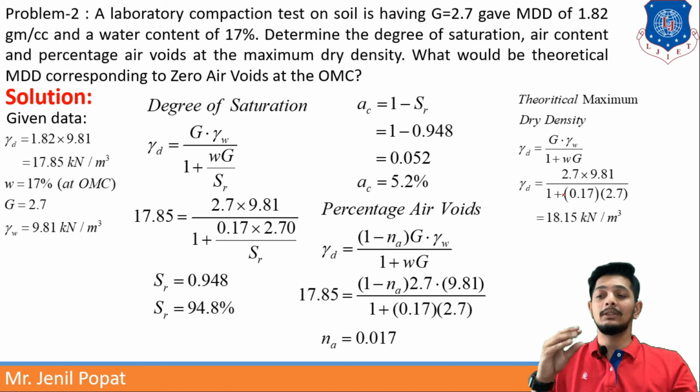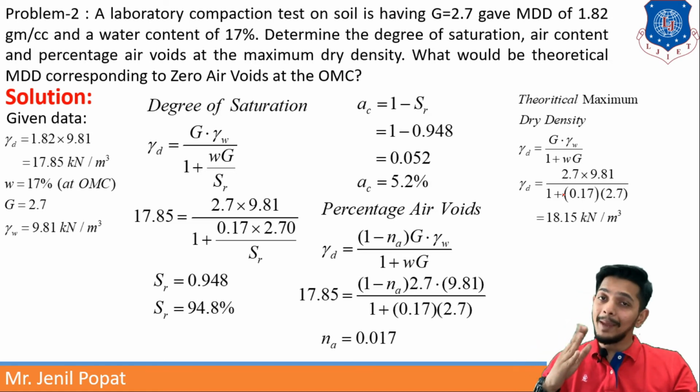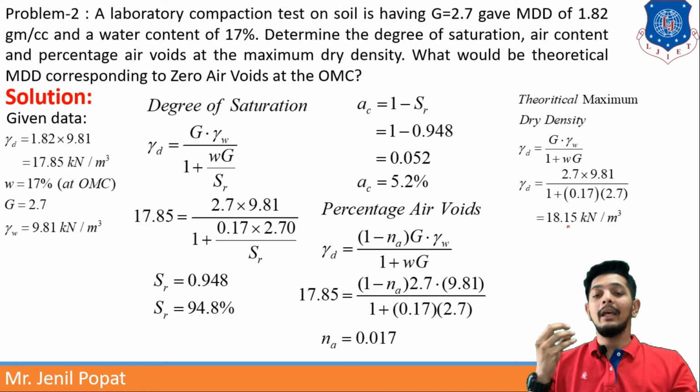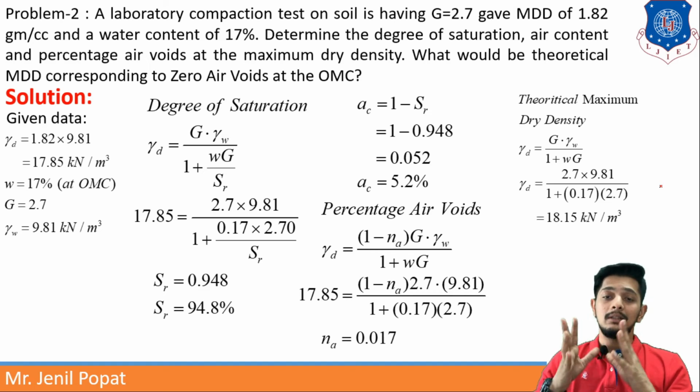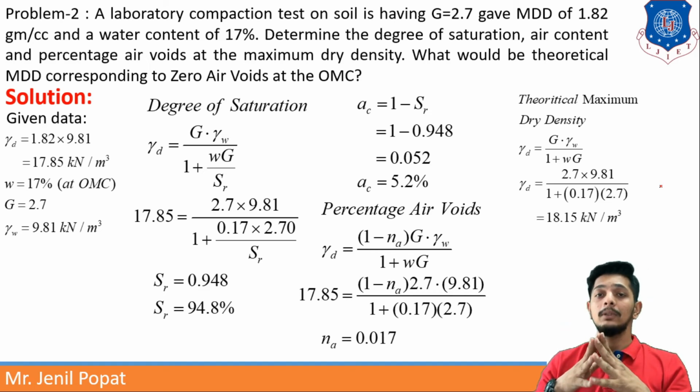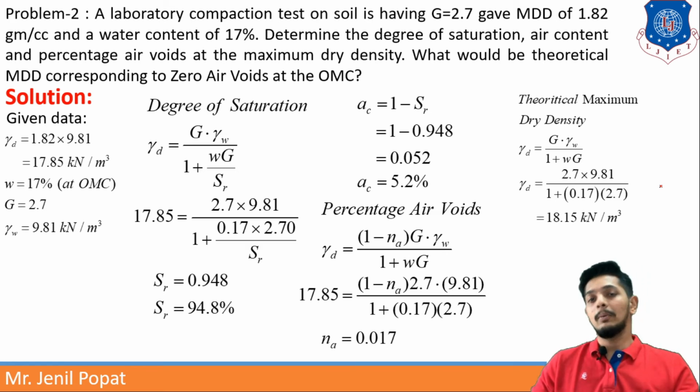At 17 percentage, which is provided at OMC. So I'll use that. And gamma D comes out as 18.15 kilonewton per meter cube. That is theoretical value of gamma D. So that's it for this problem. We will move to next problem, problem 3.